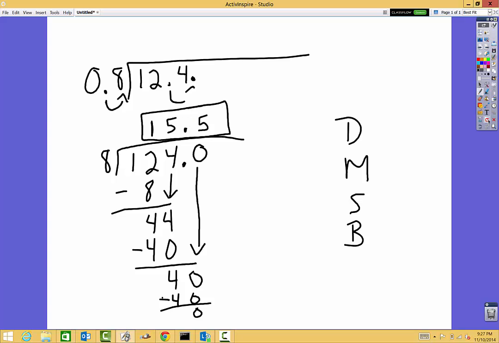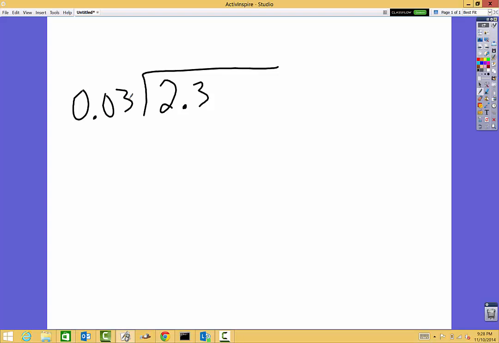Let's look at a different problem though, because this one ended really nicely. I didn't have to bring very much down. So this is going to be our last understanding for division of decimals. What if I have this number? I'm going to have 2 and 3/10 divided by 0.03, or 3/100.